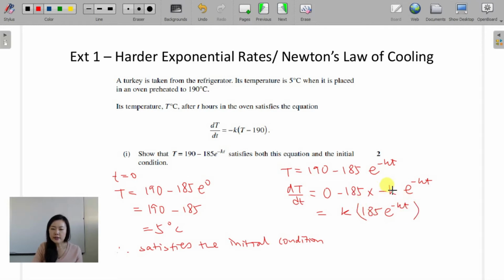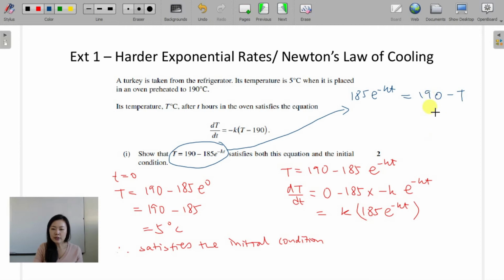So that times that is positive 185k, which I've just moved the k in front. Now the reason being, to be able to prove that expression, you need to take this expression and make 185 e to the power of minus kt the subject. So if you move that to that side and the T to the right side, it's 190 minus T.